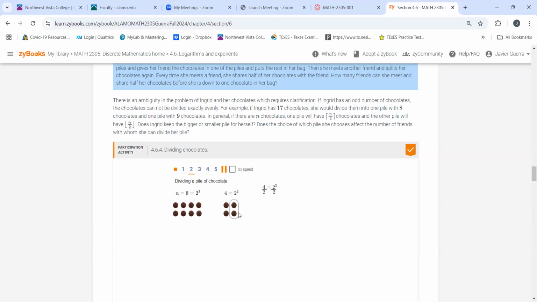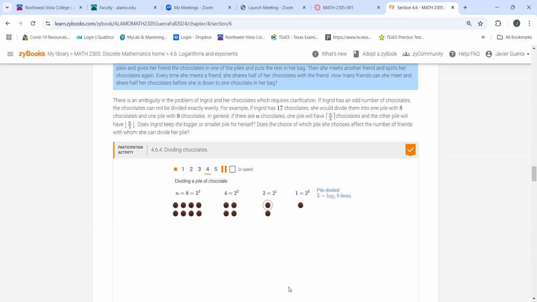She keeps 2 and gives the other half to her friend. Now she has 2. She cuts it again in half. She keeps 1. Her friend has 1. So how many times is that? 3 times. 1, 2, 3, and then she has her 1 chocolate left. So she had to divide her pile 3 times.